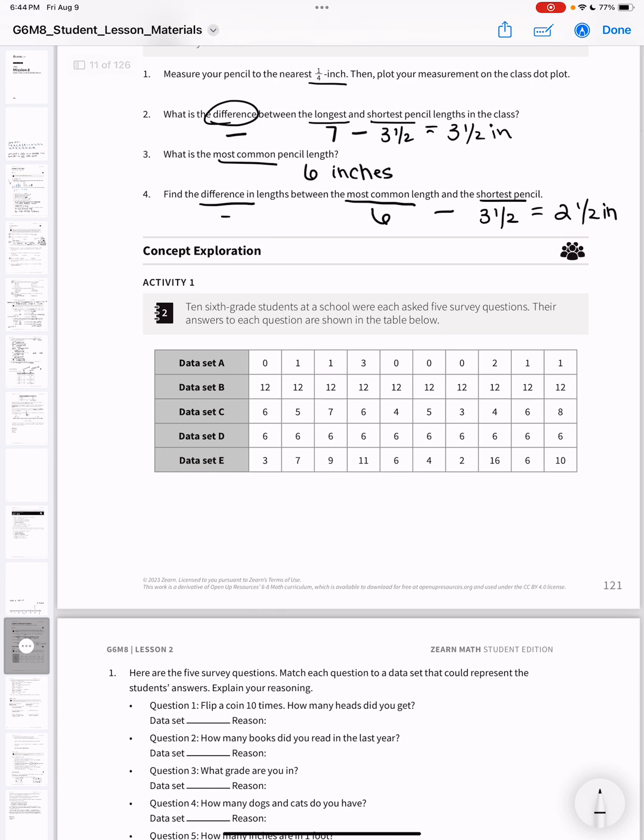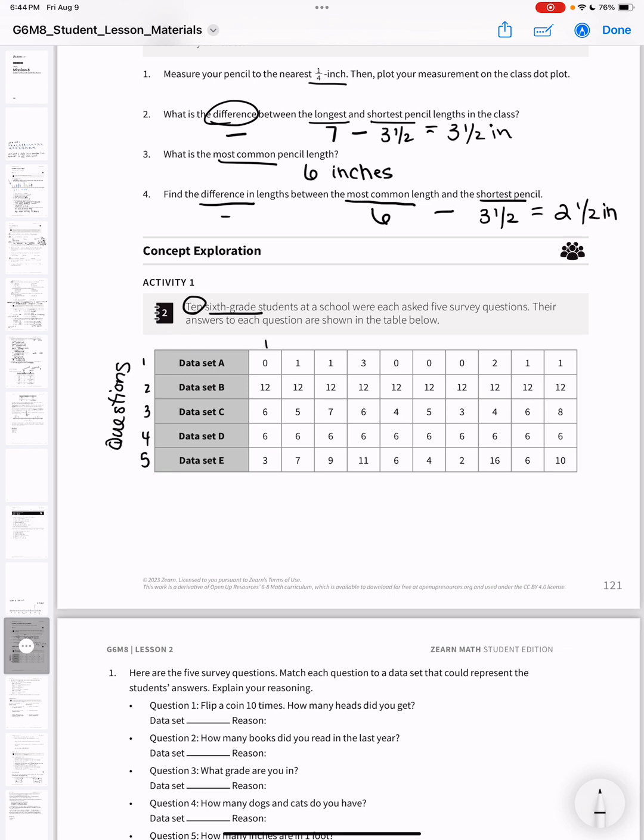Activity 1. 10 6th grade students, so we've done 10 students in 6th grade, at a school were each asked 5 survey questions. Their answers to each question are shown in the table below. So this is 1, 2, 3, 4, 5. This must be the questions.